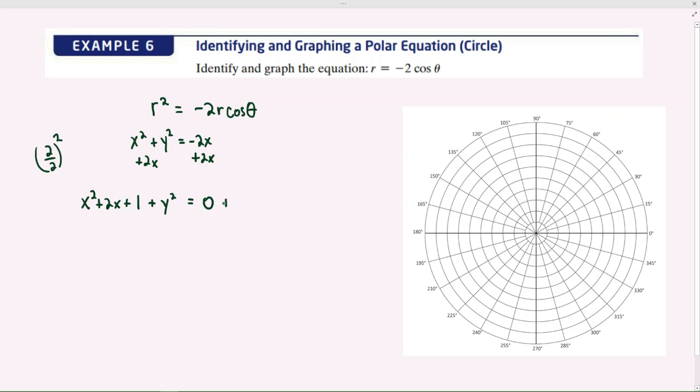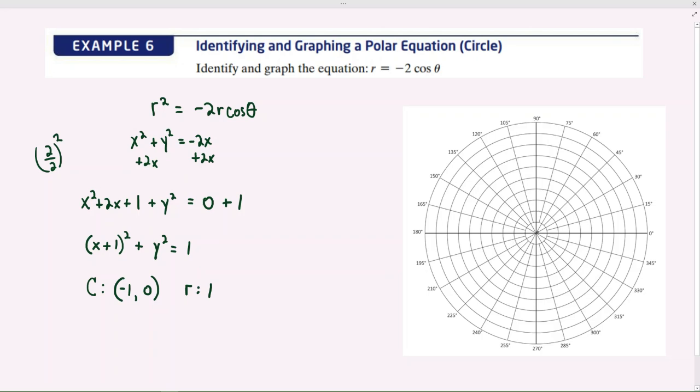And then I have to add 1 to the other side. So the perfect square I created here is x plus 2 over 2, so x plus 1 squared plus y squared equals 1. So the center of this circle is negative 1 and 0. And the radius squared is 1, so the radius is 1.